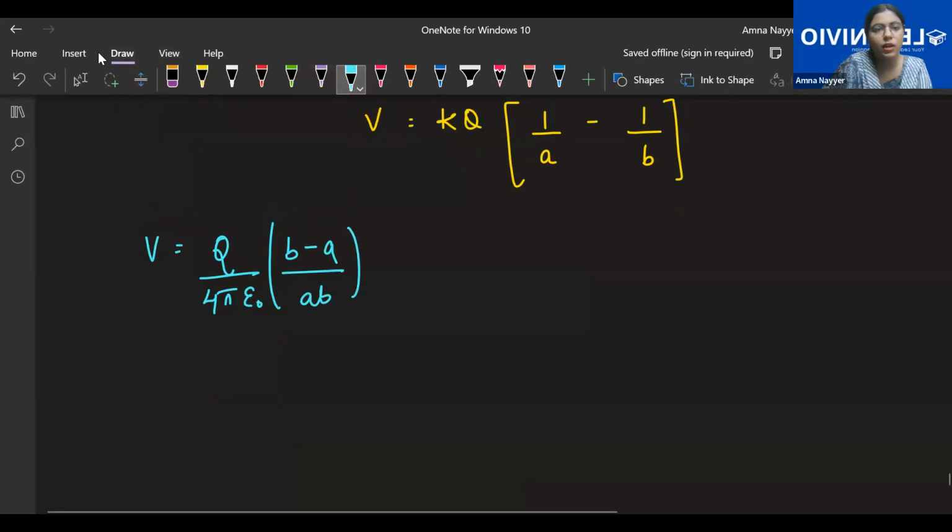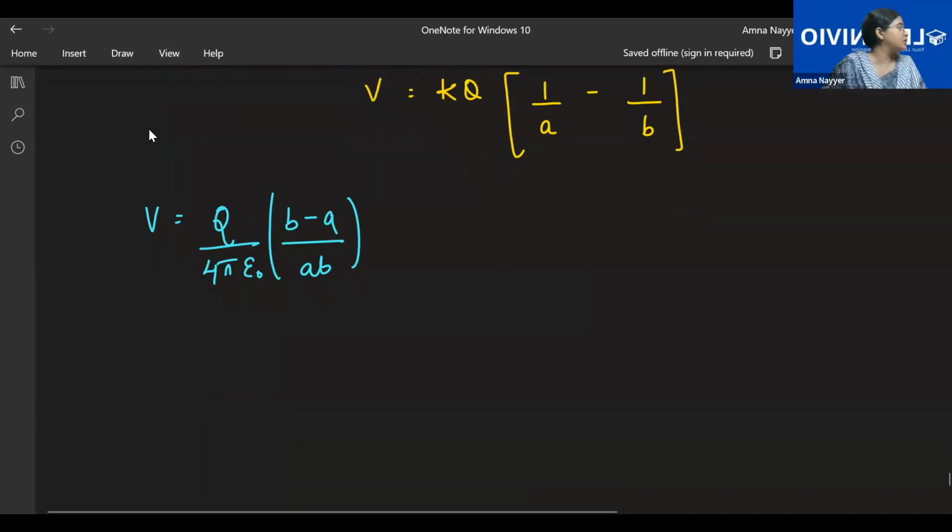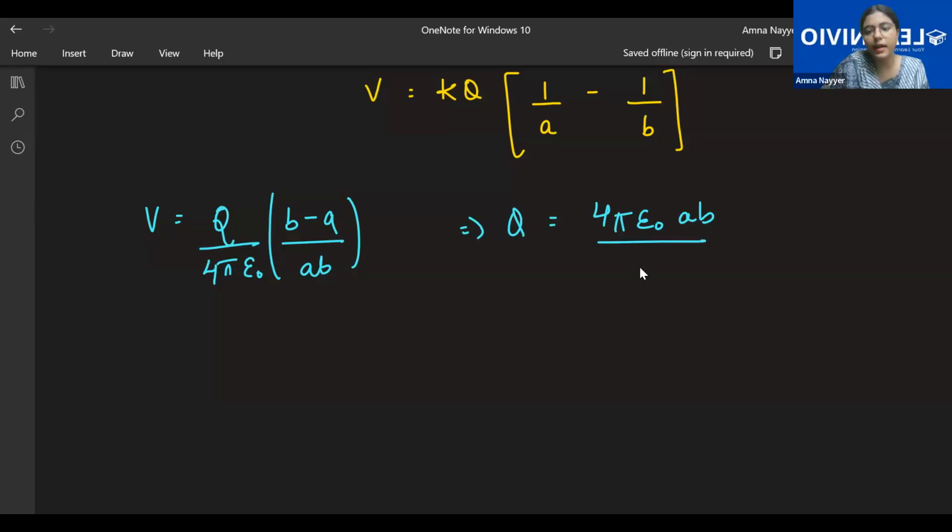But what if you require the formula of the charge? From here you can get the value of electric charge Q: this potential will be multiplied to this whole term, which is 4 pi epsilon naught AB divided by B minus A, the whole thing into the potential.